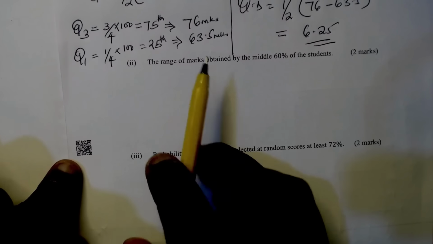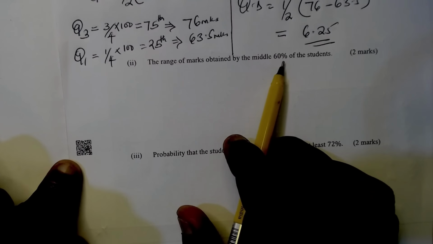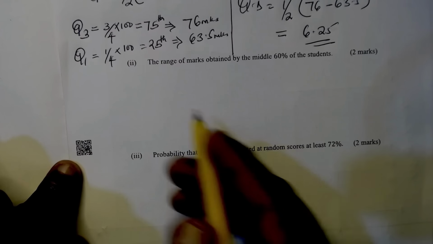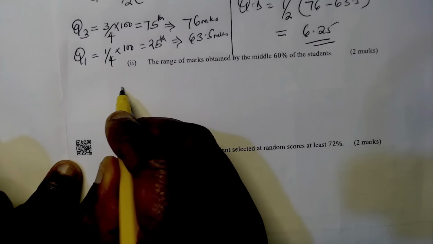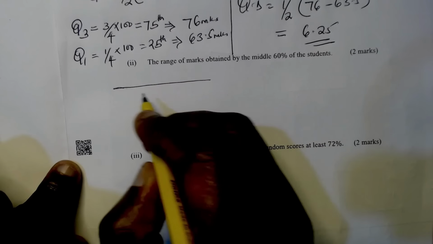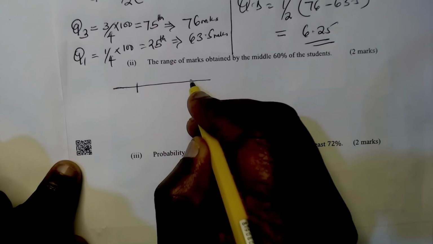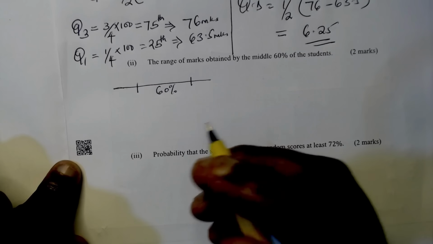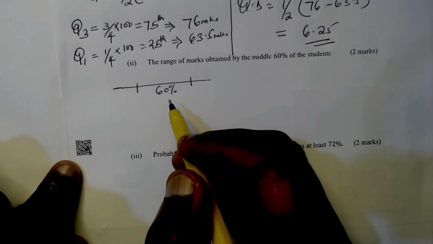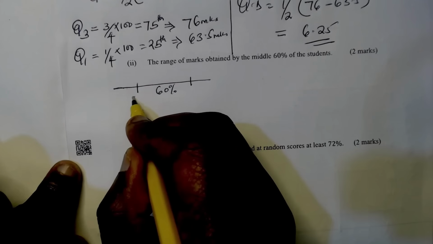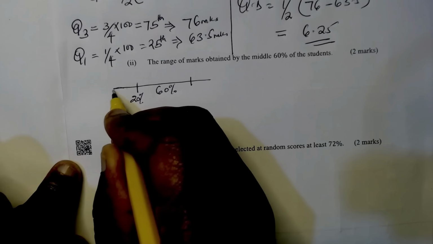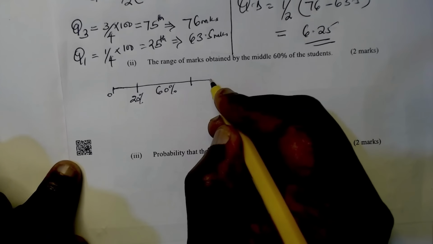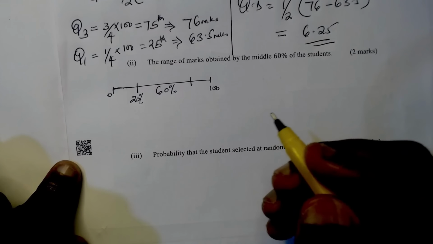The next question is the range of marks obtained by the middle 60% of students. So how do you get the middle 60%? Just draw a line to illustrate that. So having 60% there, that means 60% will be found between 20%, because this is where you have 0, and this is where you have 100 students.